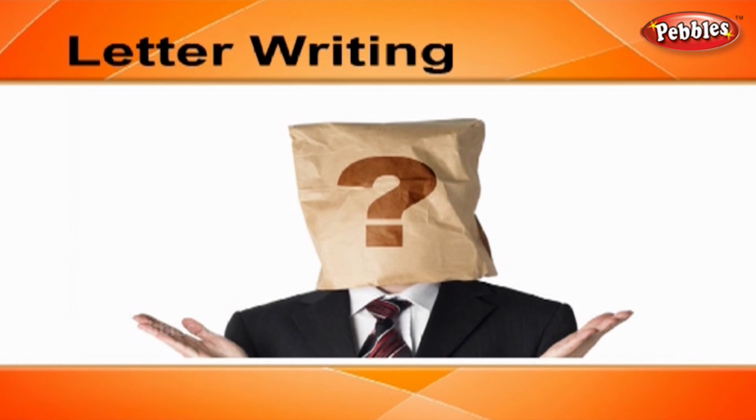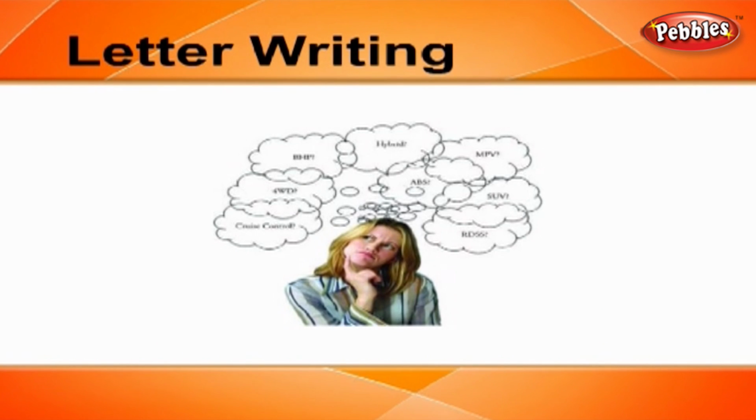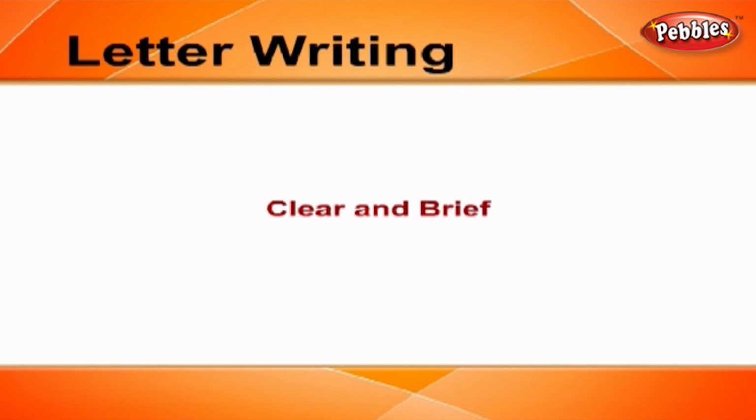Chances are that the concerned person in the human resources or any other department may not have an engineering background. Make sure you present your objective in a clear and brief manner.